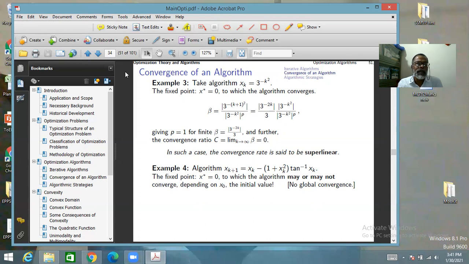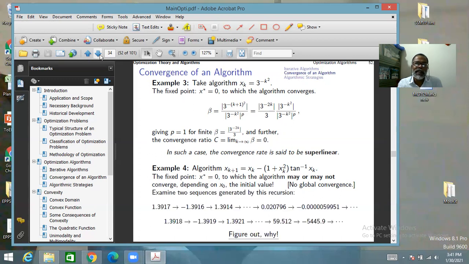You can try it from two disparate numbers, and the most dramatic case I will show you. Examine two sequences generated by this recursion. Started from 1.3917, it gives this, then after quite a few more steps, this, and then this. You can see that it is going to 0.